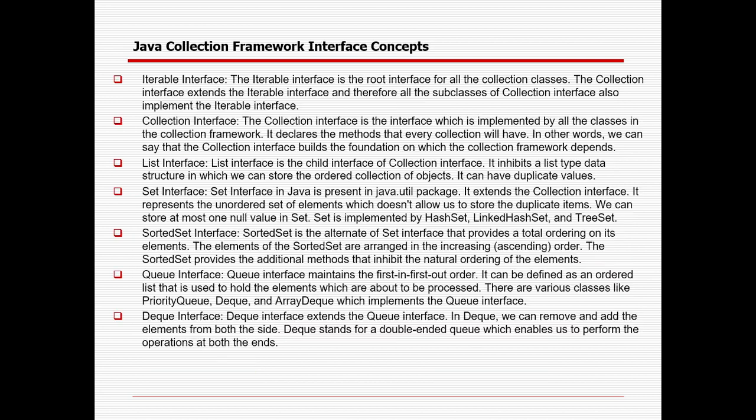Whereas the collection interface is implemented by all the classes in the collection framework. It declares the methods that every collection will have. In other words, the collection interface builds the foundation on which the collection framework depends. So in the collection framework, all the primary interfaces, list, set, sorted set, queue, and deque, are extending it, right?